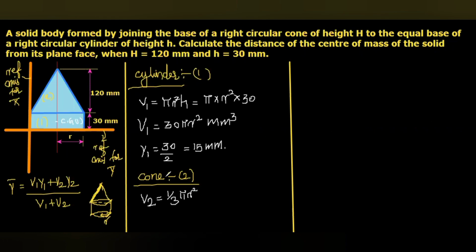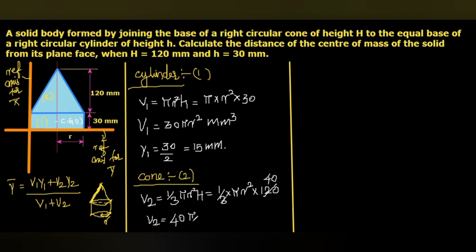Here for the right circular cone, the height is given as capital H. So I just substitute capital H. So 1 by 3 pi r square, the capital H value, that is 120 mm. If you simplify, we will get 40. So V2 equal to 40 pi r square in terms of mm cube.